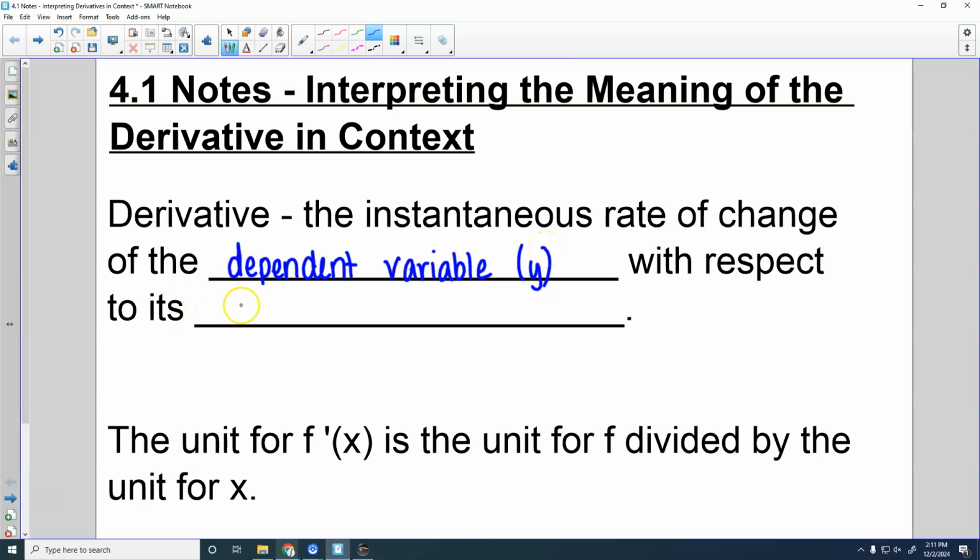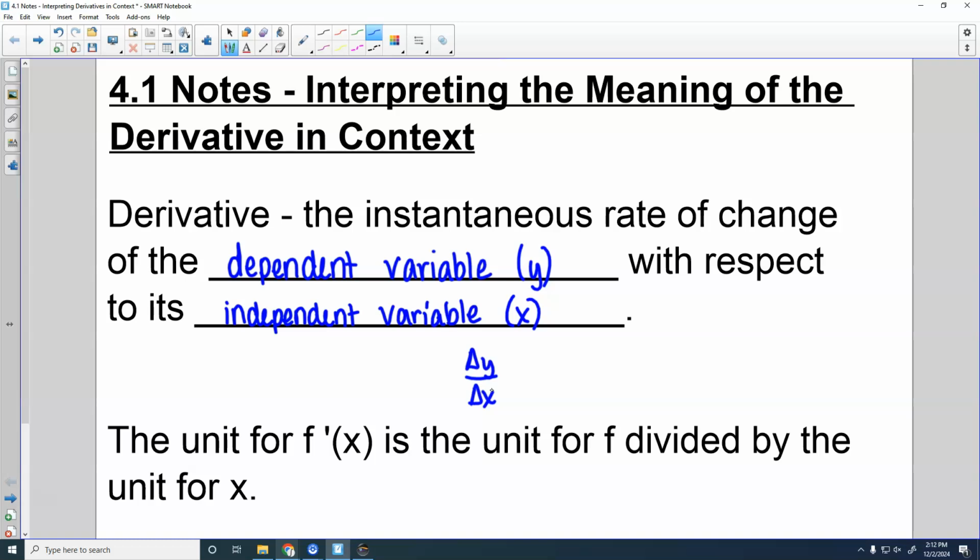With respect to its independent variable, which is typically x, but does not have to be. We'll see a lot of situations where they use a t instead of an x because time is your independent variable. So it's not always the case. So it's your instantaneous rate of change. It is your change in y over your change in x because it's the slope of your tangent line.